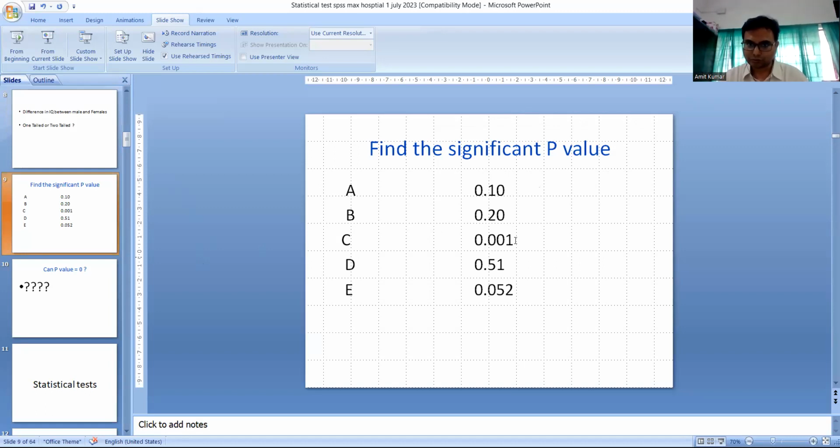C and E. C, only C. And who is saying E is also significant? No, it's more than 0.05. So E is not significant because it is more than 0.05. So any p-value should be less than 0.05, then only we can consider it as significant.